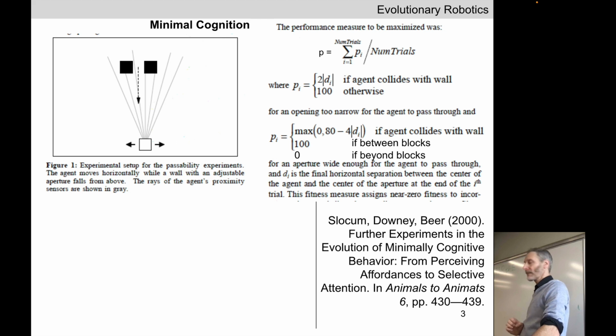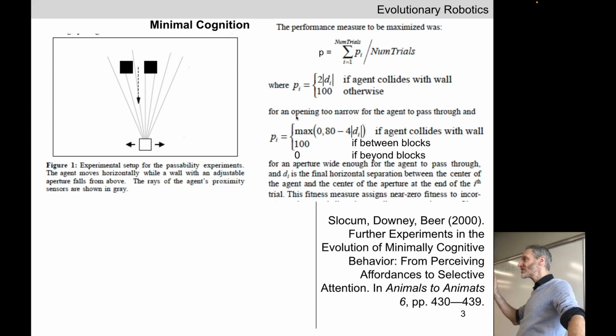So far, so good? So up here, they're taking the summation over num trials, so the number of trials that they perform with a single CTRNN, and they're going to take the average performance. The performance of the robot in the ith trial is P sub I, and they're going to compute P sub I using a conditional, an if statement.